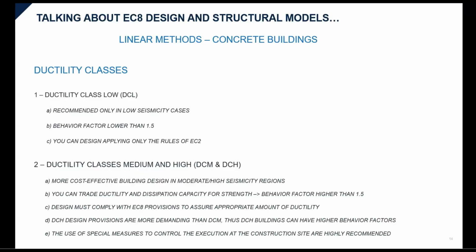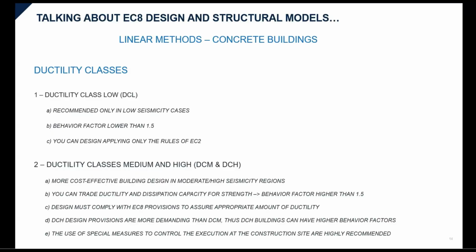On the other hand, medium and high ductility classes result in buildings with a much better cost to seismic performance ratio in moderate or high seismic zones. We can observe during the design that we are dynamically exchanging ductility and dissipative capacity for strength. That is, for behavior factors greater than 1.5, this is exactly what we are doing. The design must rigorously comply with the provisions of Eurocode 8 because this is crucial to ensure the required structural ductility.